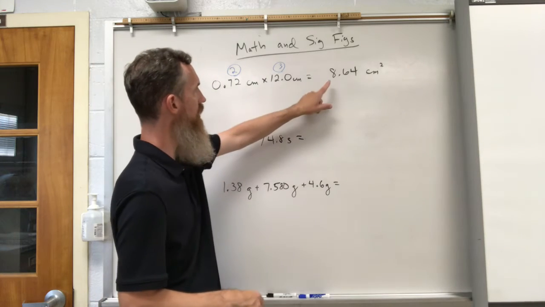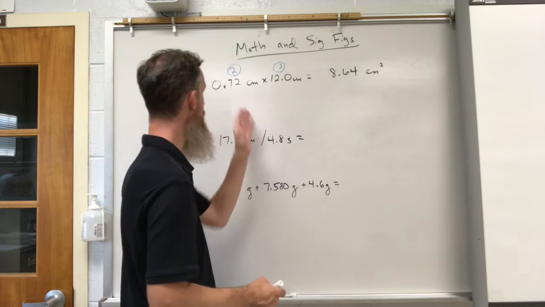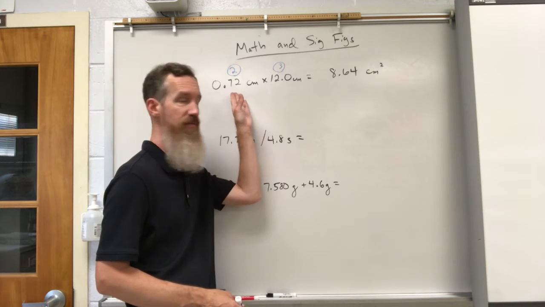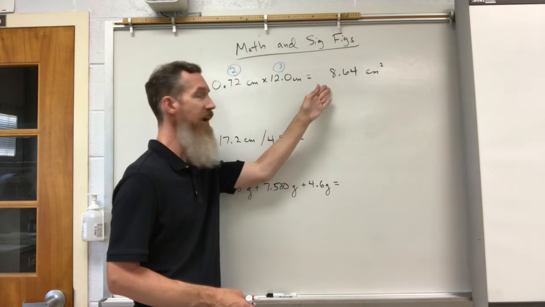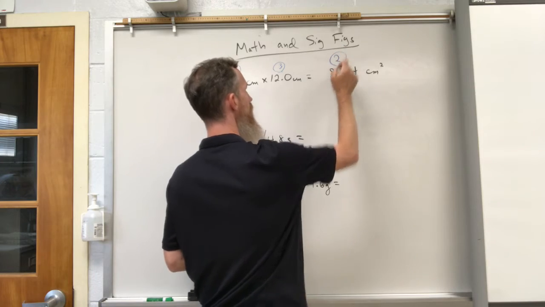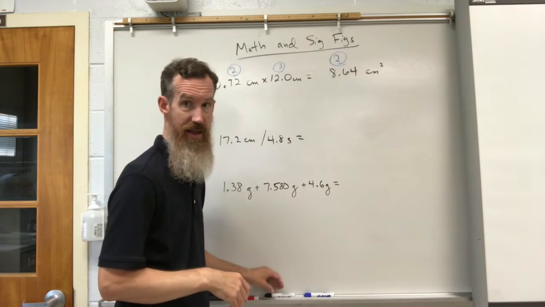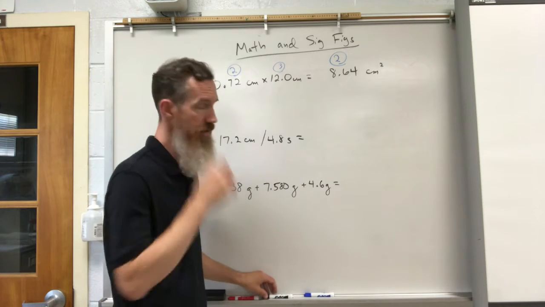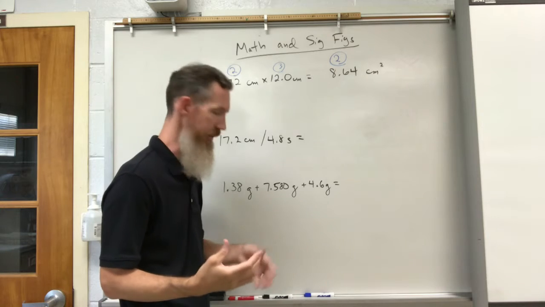So we ended up with a number when we multiplied, 8.64, but we had one instrument and measurement that was two significant figures, and one instrument and measurement that was three significant figures. So when we combine them, we have to make our answer have two significant figures. Except our answer doesn't have two significant figures right now. It has three. So we have to take that value and we have to round it accordingly.